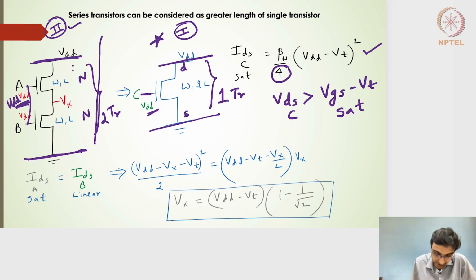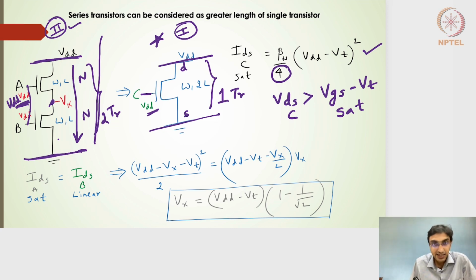If there is a current flowing from VDD to ground, then there will be a potential called Vx in between. So VDD minus Vx will be the drain to source voltage which enables the current to be driven in transistor A. Similarly, Vx to ground will enable the current to be driven in the drain to source of transistor B.